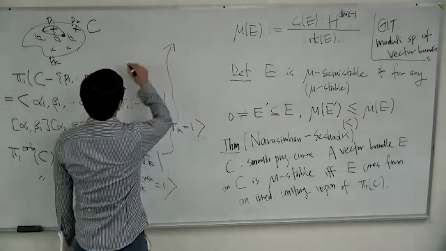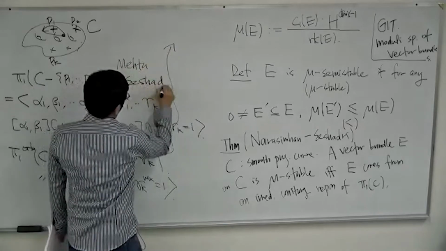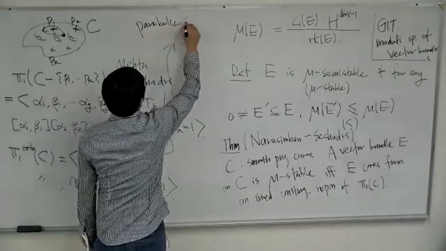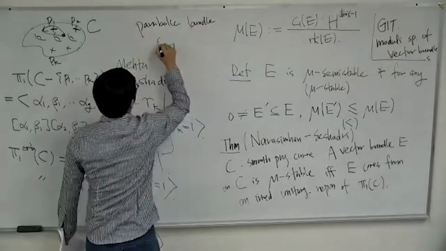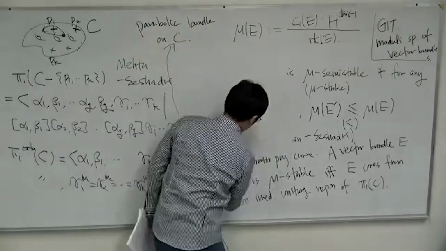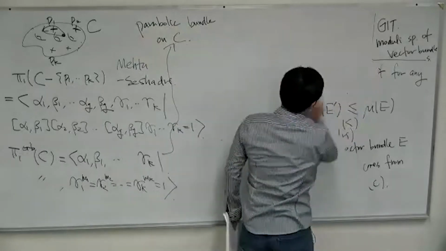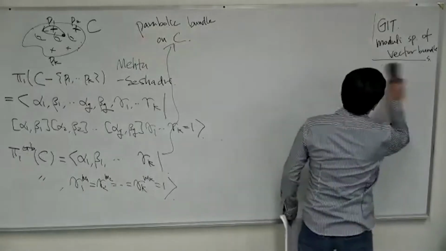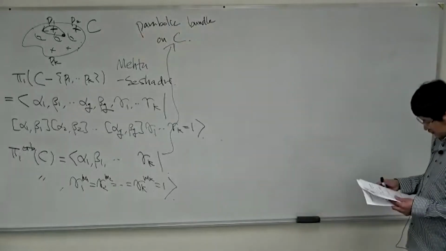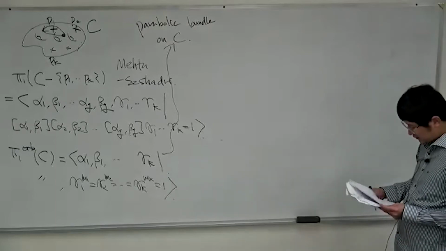Mehta and Seshadri introduced the so-called parabolic bundle. So let me give the precise definition here. Being motivated by this representation of the orbifold fundamental group, they introduced the so-called parabolic bundle over this curve.